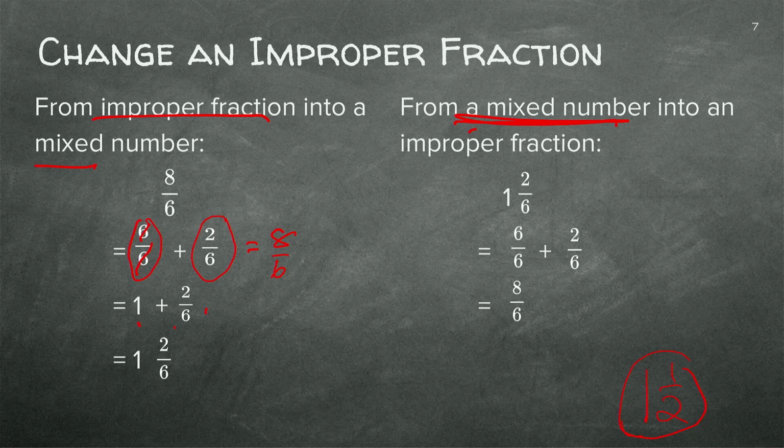So if we want to change this improper fraction to a mixed number, we can say it equals 1 and 2/6. And remember, we always try and get something in the simplest form. So 2/6, we can actually make that simpler, right? 1/3. So we can say our answer is 1 and 1/3.